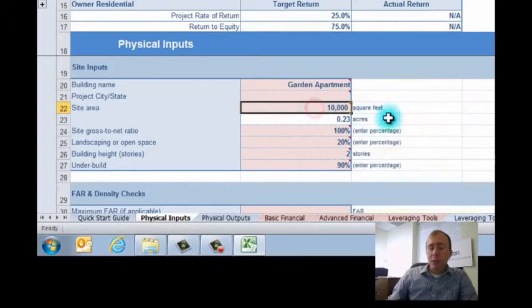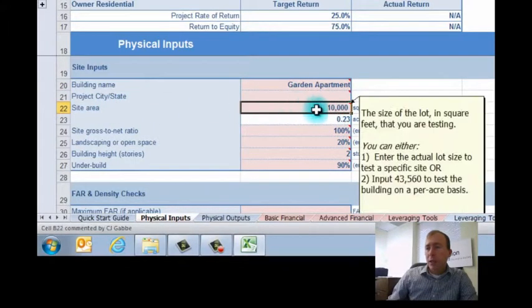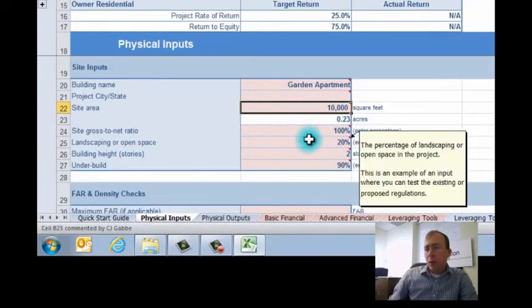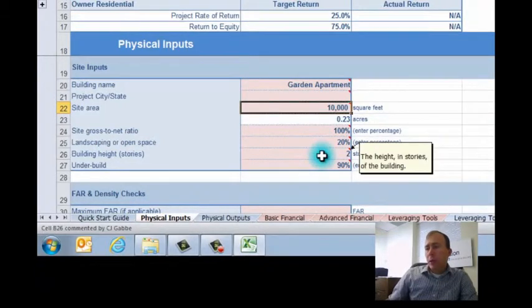So for instance, right here on site area, we would enter the size of the lot in square feet that we are testing. We could enter the gross to net land ratio. If we had open space requirements or landscaping, we would enter them here. We would enter the height of the building in stories right here.